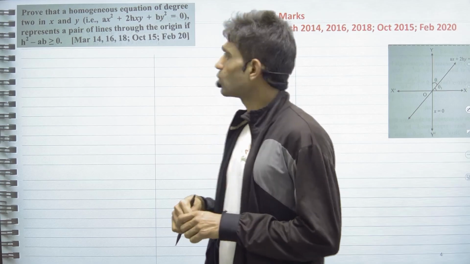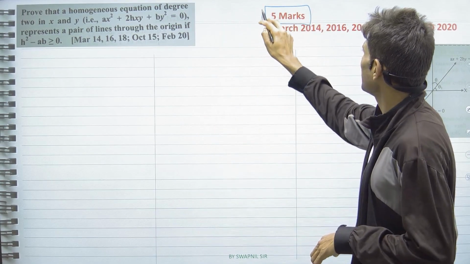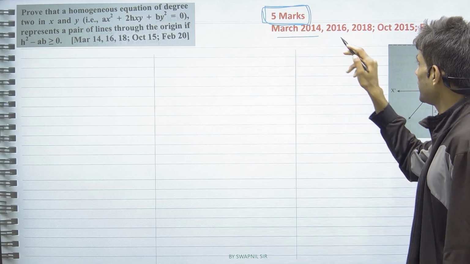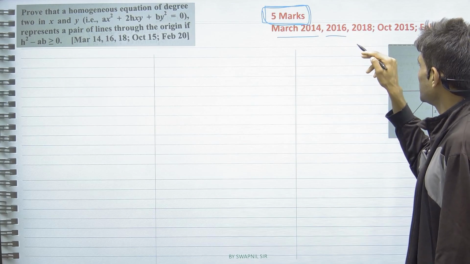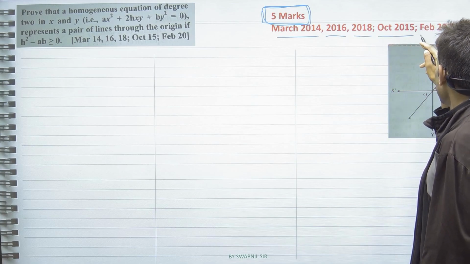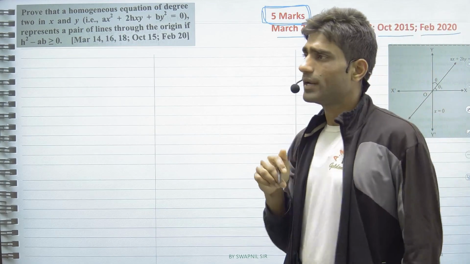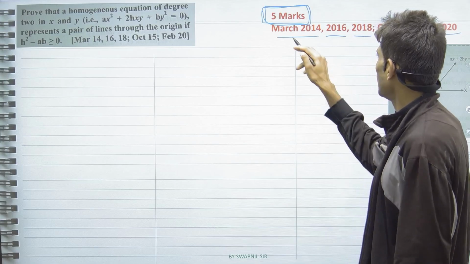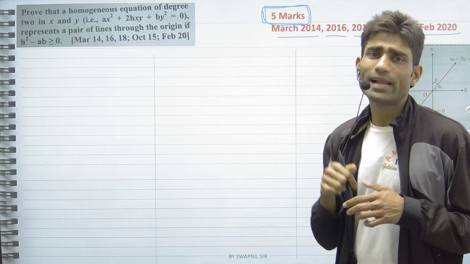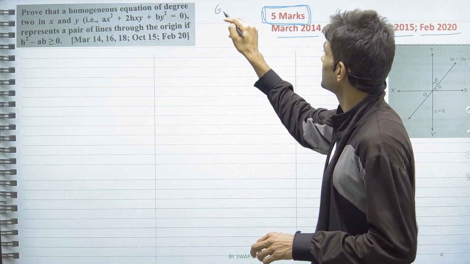The question is asked for 5 marks in your board exam: March 2014, March 2016, March 2018, after that October 2015, February 2020. So multiple times that question was repeated in our board exam. How many times? 1, 2, 3, 4, 5, 6 times.